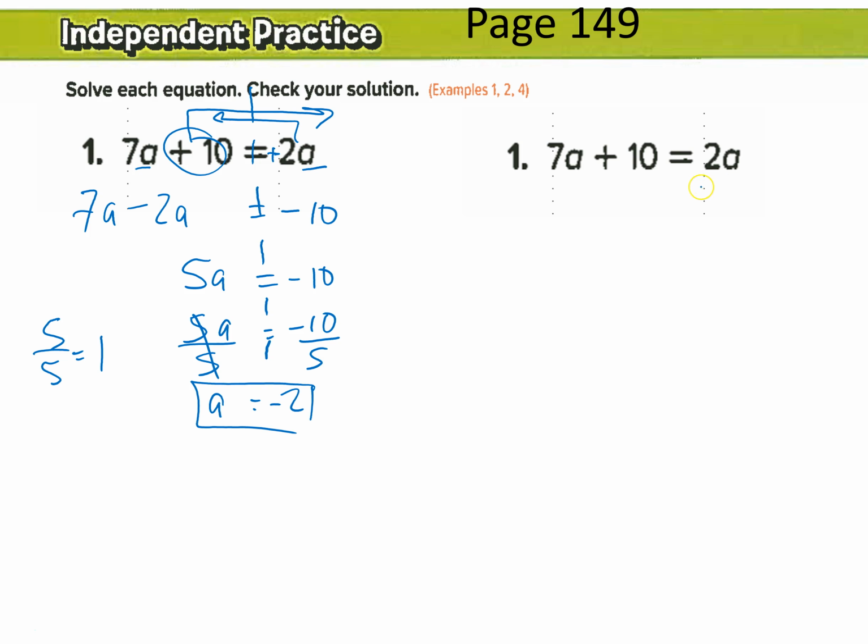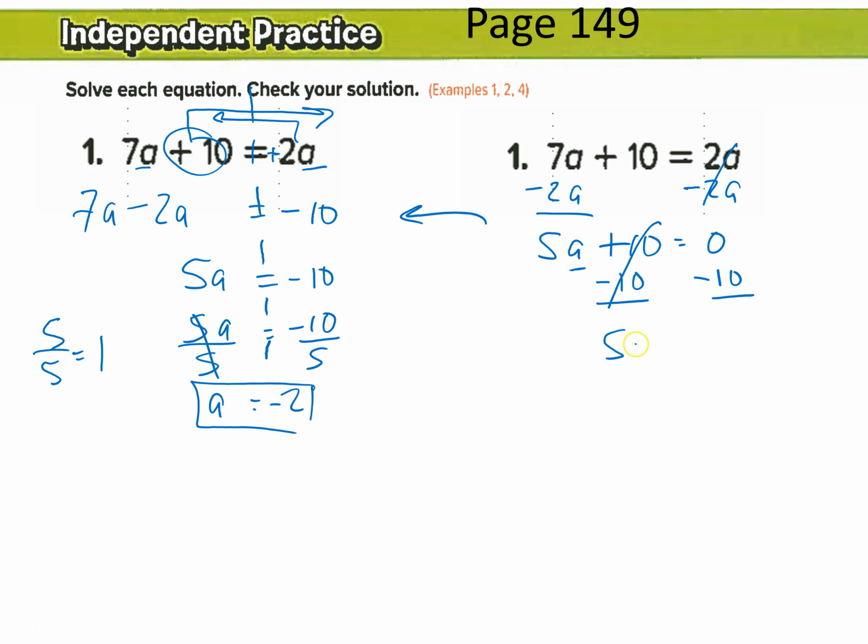So I'm going to subtract 2a from both sides. It's the same process as over here. 7a minus 2a gives me 5a plus 10 equals, that's 0. Now I want to get a by itself, so I need to subtract 10 from both sides. 5a equals negative 10.